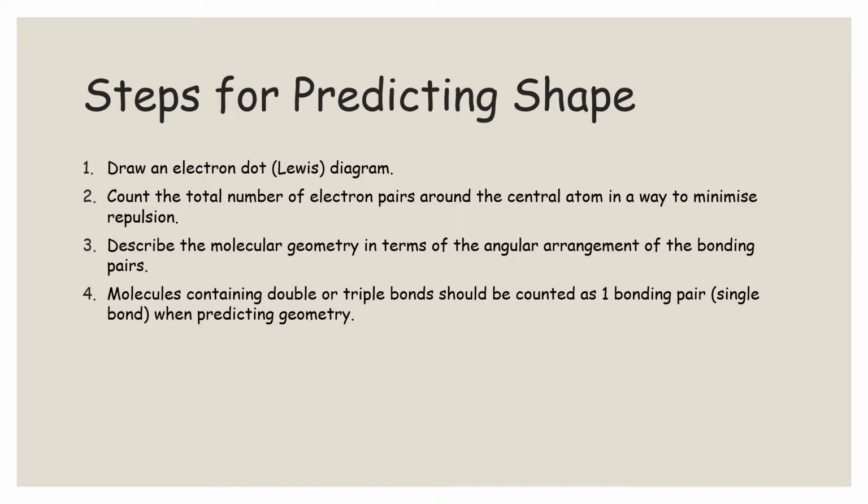You describe the molecular geometry in terms of the angular arrangement of the bonding pairs. So we look at the geometry in terms of the atoms, not how many electron pairs there are. And molecules containing double or triple bonds, for the purposes of predicting a shape, are counted as one bonding pair.